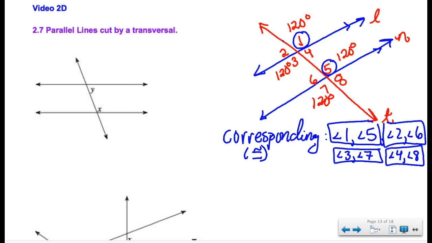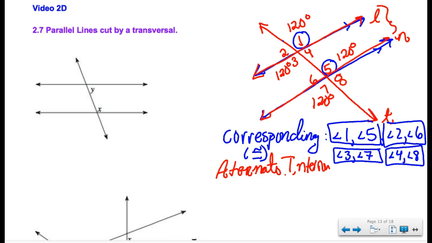Next up, we also have angles that are what we call alternate interior, and they are inside the parallel lines. So I've got my parallel line here, got my parallel line here. I have to stay inside them, so angles in here.